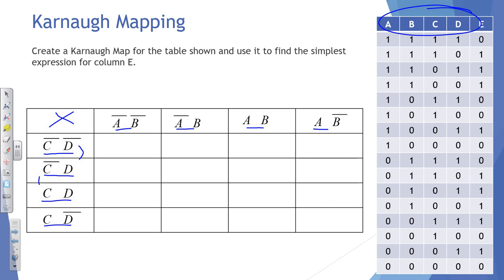Let's fill those in. Row 1, we have A, B, C, and D, and the outcome is 0. Row 2, we have A and B and C, but not D, and the outcome is 1. That's down here.